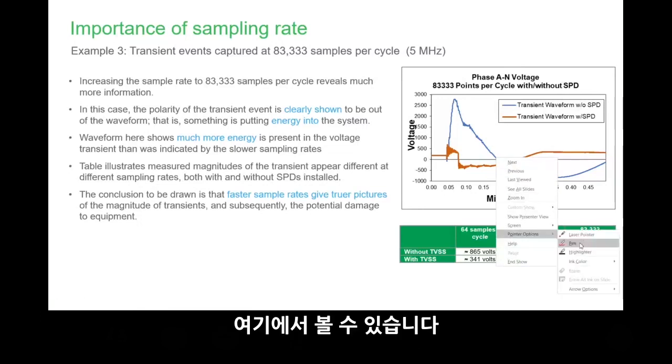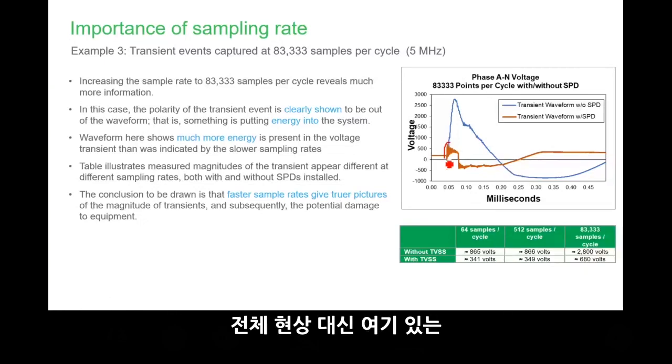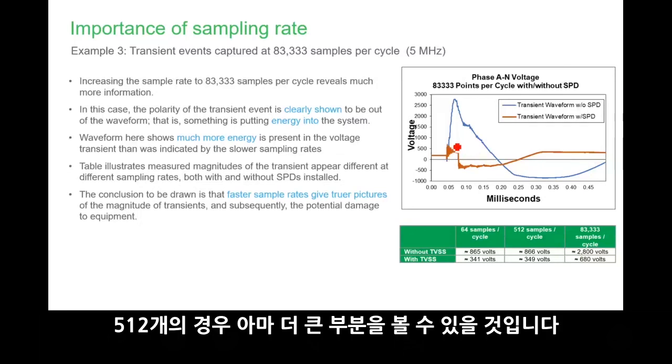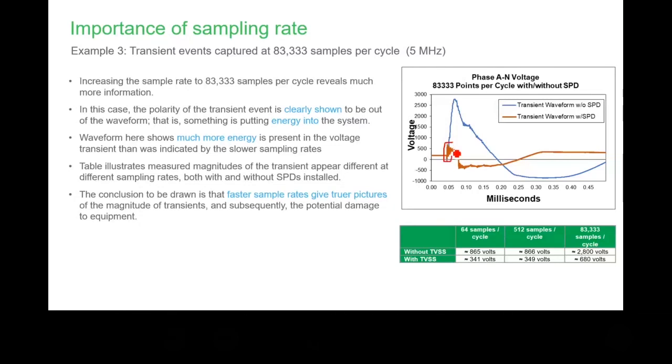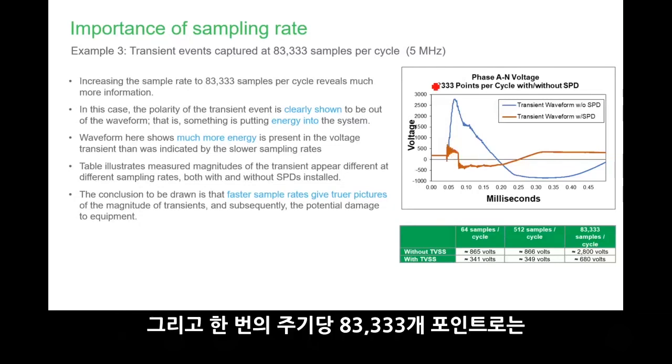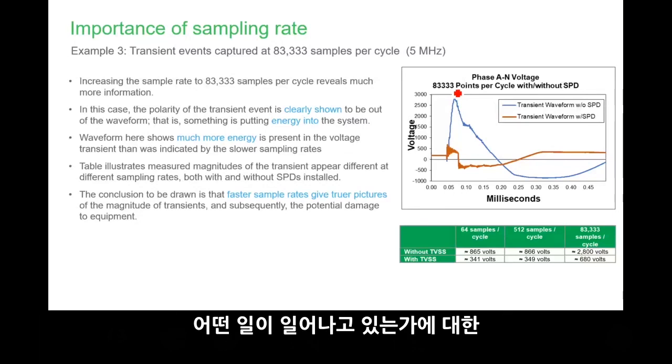You can only see a very simple phenomenon over here, instead of the full phenomenon. Now for 512, you probably see a bigger one. And then with 83,333 points per cycle, that means in one cycle, you can see the full picture of what is going on.